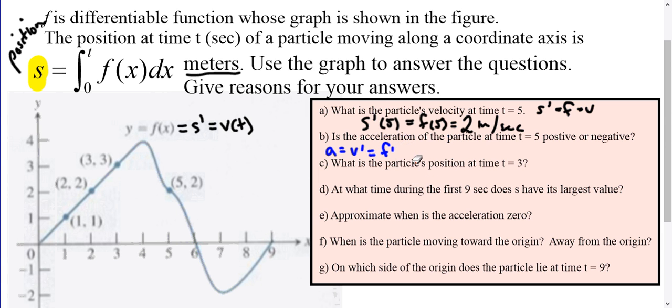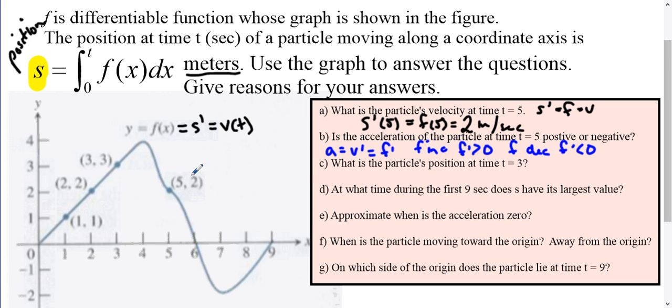To help figure this out, think of it this way: if f is increasing, then f prime, which is our acceleration, should be positive. If f is decreasing, then f prime, our acceleration, will be negative.